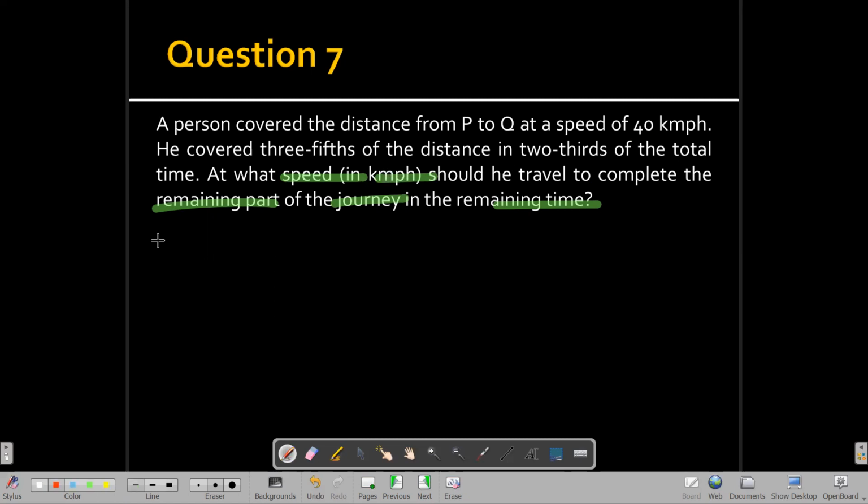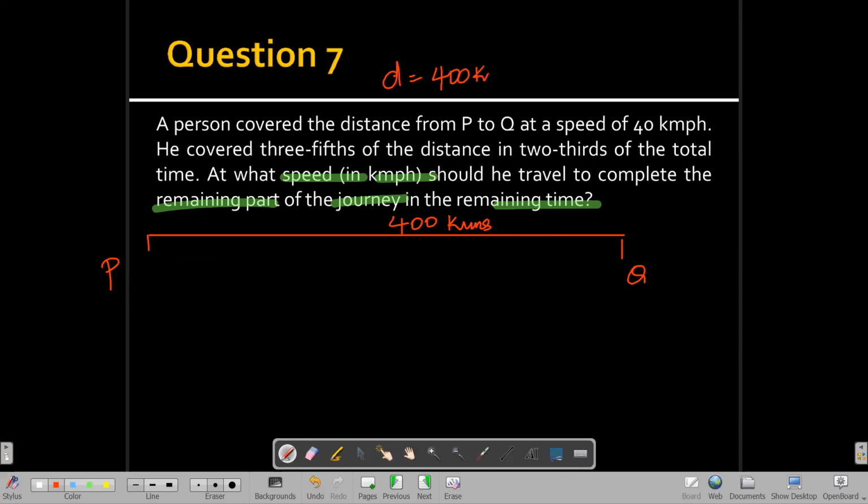Okay, so for that, I'm going to do this question by making an assumption. Let me assume the distance between P to Q, that is P here, Q here, corresponds to 400 kilometers. Why 400? Because if I select 400, then I can avoid fractions in this case. So the total distance under consideration is 400 kilometers.